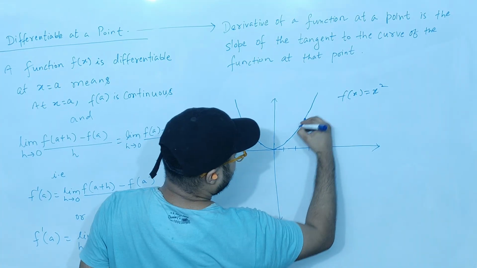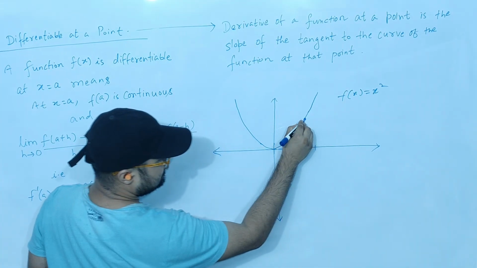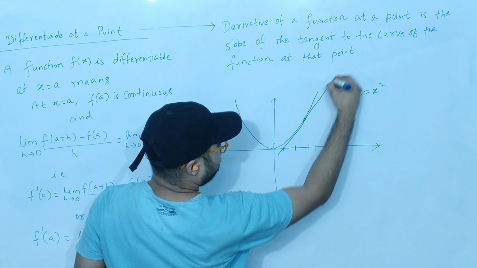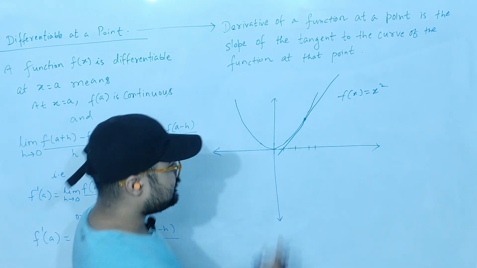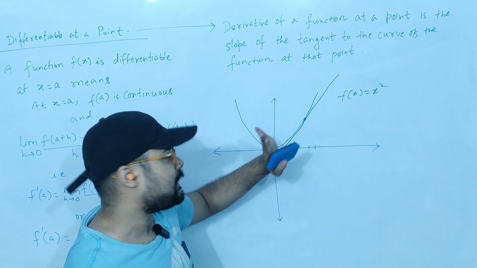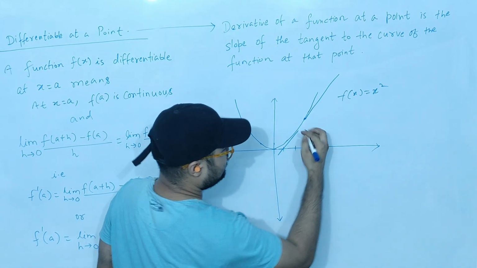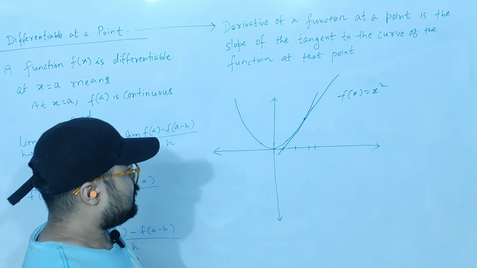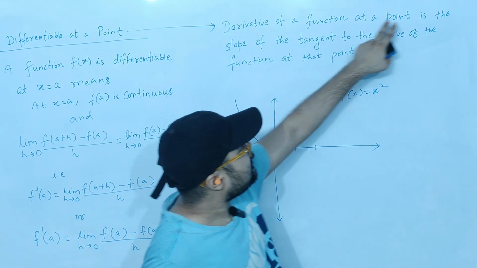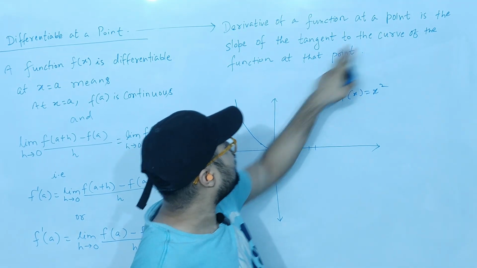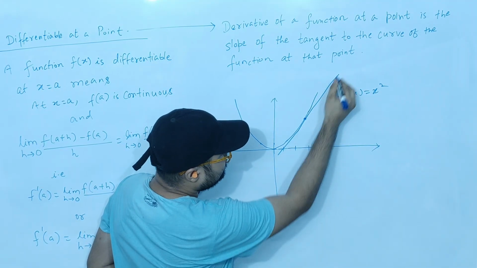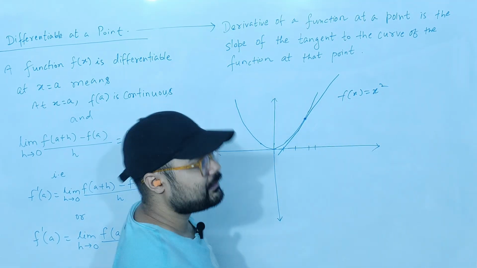So this is the curve, and let's say this is the tangent, a straight line that is passing through the point. So at this point, what is the slope of this tangent? That's what the derivative is.